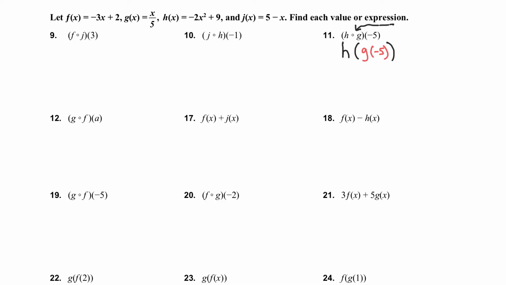So the output of g of negative 5 will become the input for h. Let me repeat again: the output of g of negative 5 will become the input of h. So if you want to take a minute to think about what we have to do first.